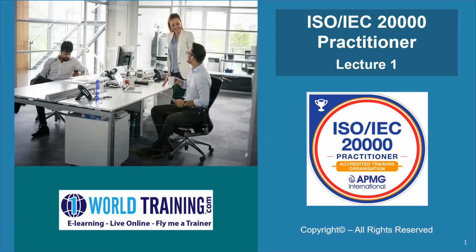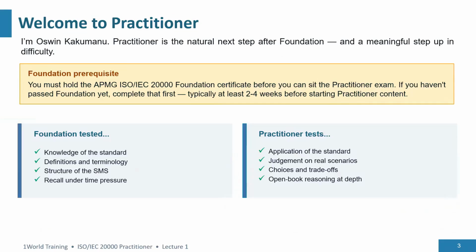So let's begin. 2 important things you would need to note before we go further. First, the prerequisites. You must hold the APMG ISO IEC 20000 certificate before you can sit the practitioner exam. APMG enforces this. You can't book practitioner without showing your foundation certificate.